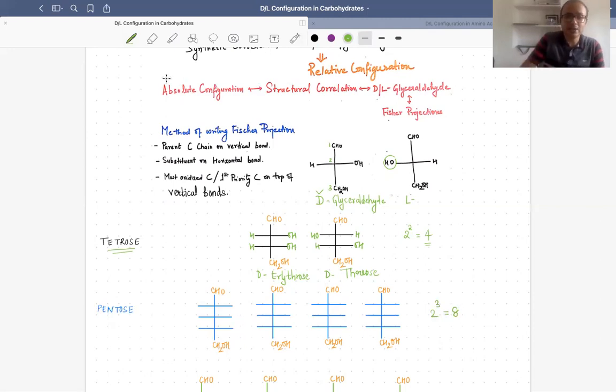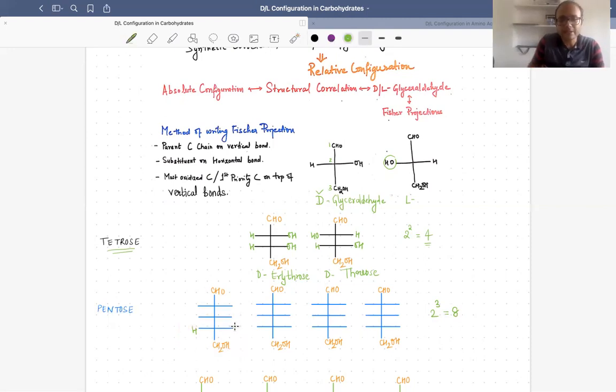Okay, so right now I'm going to concentrate only on the D form. That means the lower part, because this particular part is the one that is similar to your glyceraldehyde part. So I'll keep the OH on the right, because then those sugar molecules would be called the D form.